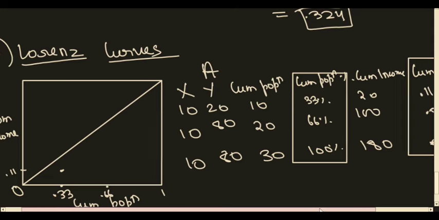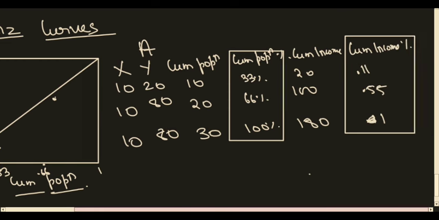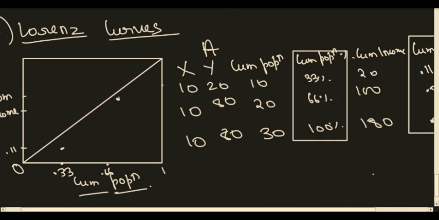Then for 0.66, we have 0.55, which would be somewhere after the halfway mark, somewhat here. Then for 100%, we have 1 only. So our Lorenz curve for country A would go something like this.